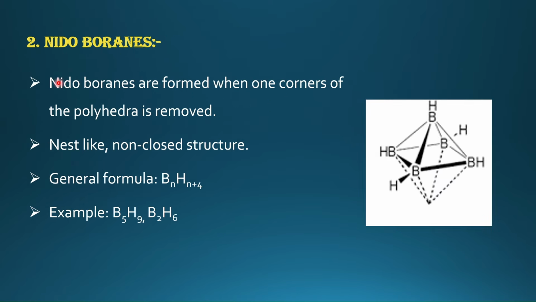Second is nidoboranes. Nidoboranes are formed when one corner of the polyhedra is removed. It is a nest-like, non-closed structure. General formula of nidoboranes is BnHn+4. Example B5H9, B2H6. This is the structure of nidoboranes.